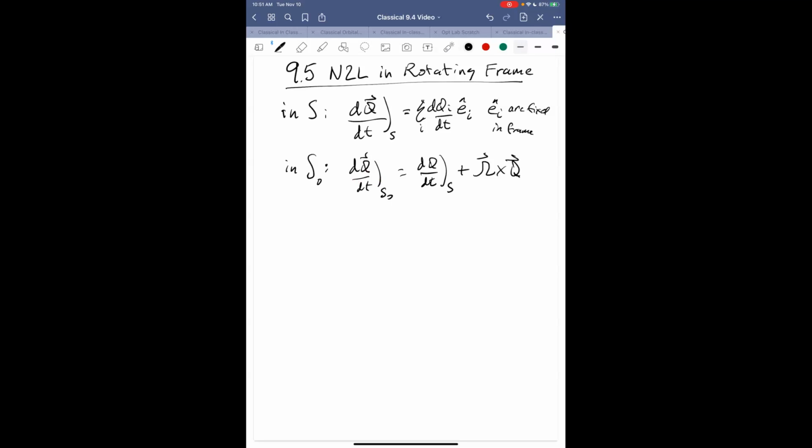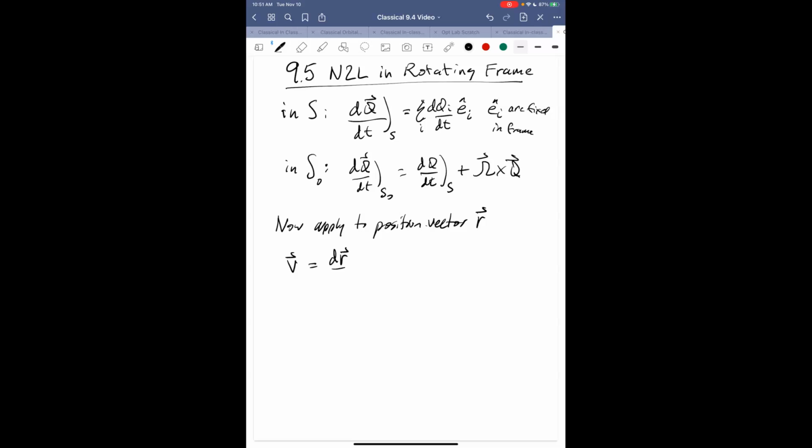So now what we want to do is apply this result to a position vector. In other words, we're letting q be r. And so what I want to think about is the time derivative of that vector. So that's, of course, the velocity, right?